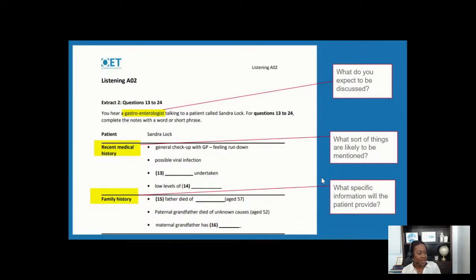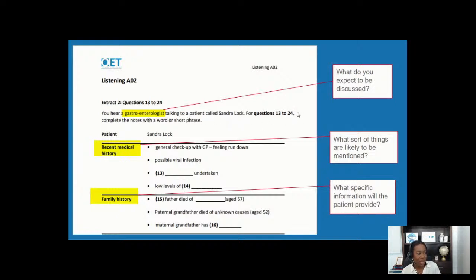All right, so let's have a look at this sample listening Part A test. As you can see at the top here, you get information which will give you the context. In this listening extract, you're going to hear a gastroenterologist talking to a patient called Sandra Locke.